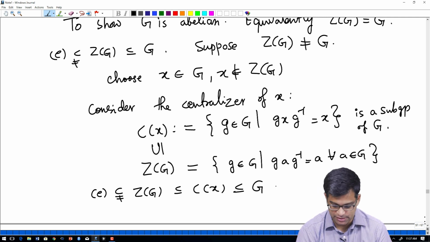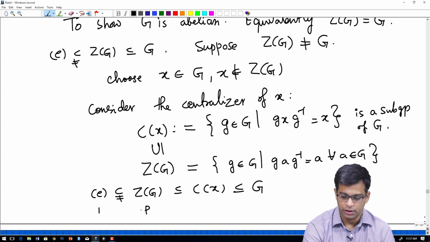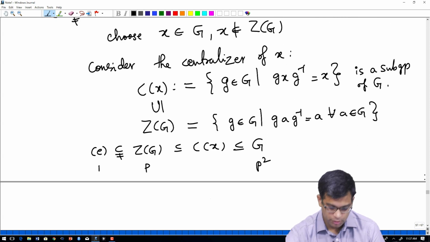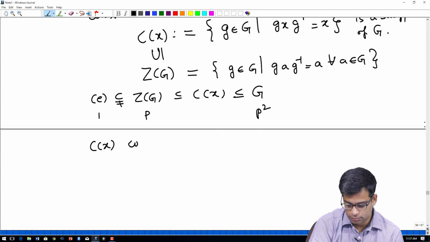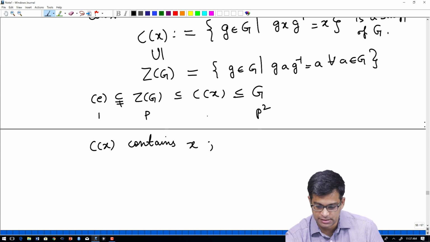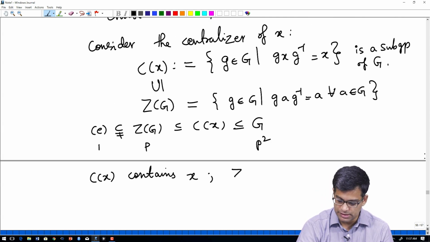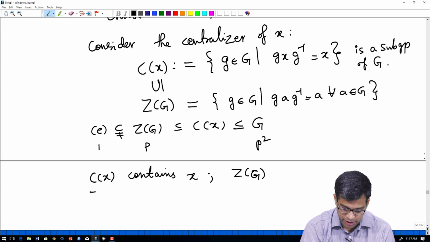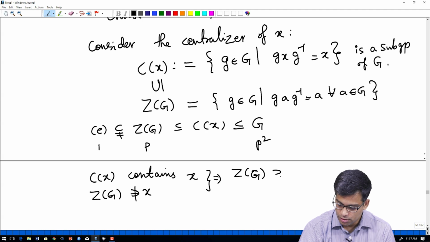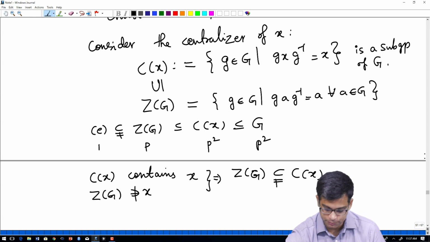The reason we need p squared is this. This is order 1, this we are assuming is order p, because it is strictly between E and G, and this is p squared. And Cx, remember, contains x, because x certainly has this property. And Zg does not contain x, that is our assumption. So, this implies Zg is contained but not equal to the centralizer. So, this must be p squared.